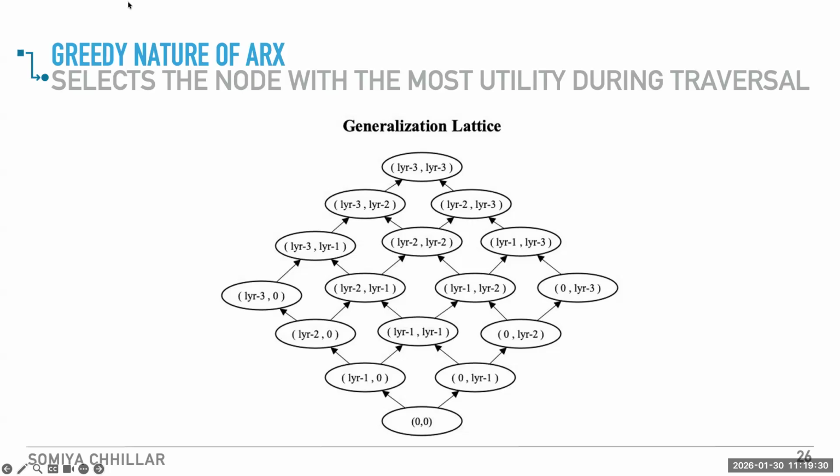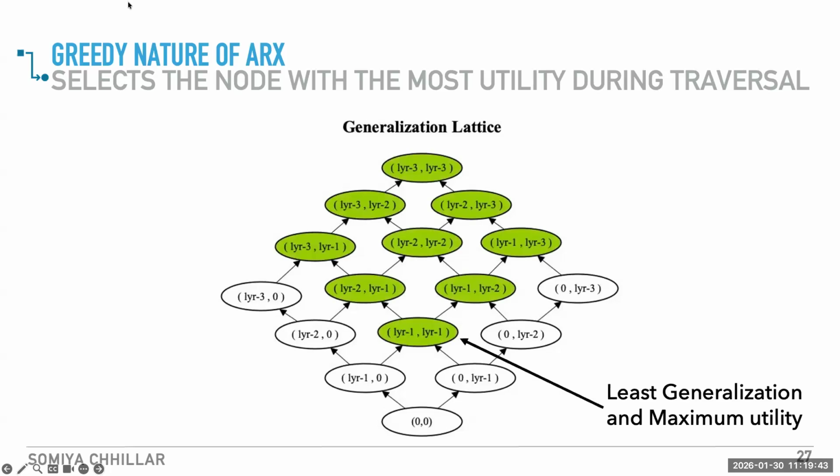The point of having the generalization lattice is to help ARCS traverse the different generalizations. It gives us a traversal space, and it goes through the lattice node by node, checking if that generalization makes the data k-anonymous or not. If it does, then it marks that node as k-anonymous, or in this example, it marks that node as green.